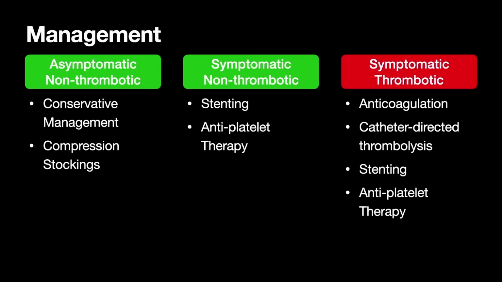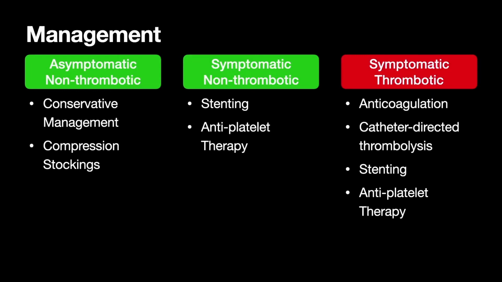I put the green as the non-thrombotic side, the red is the thrombotic side. And I suppose you can make a category for asymptomatic thrombotic, but it's really not talked about in the articles that I brought up, because it's just a super small group of people that have thrombi but don't have symptoms and didn't know about it, right?